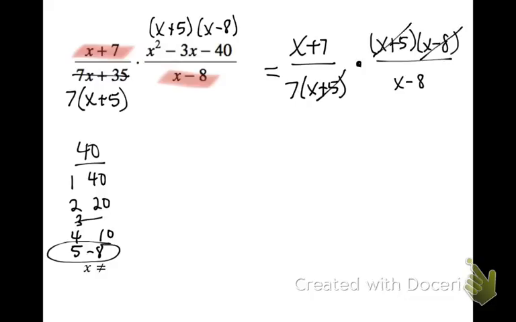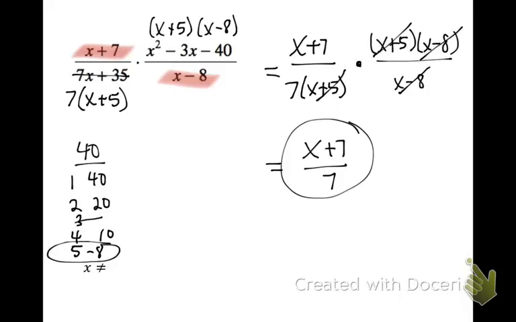X minus 8 is also on the top and bottom. I cannot cancel out these 7s, though. Since the x is attached to 7 with a plus sign, I can't cancel those out. So my answer is going to be x plus 7 all over 7. For this problem, I won't have any restrictions because I don't have an x or another variable in the denominator.